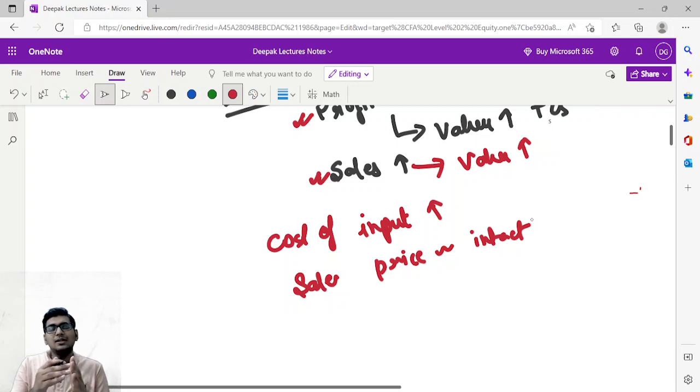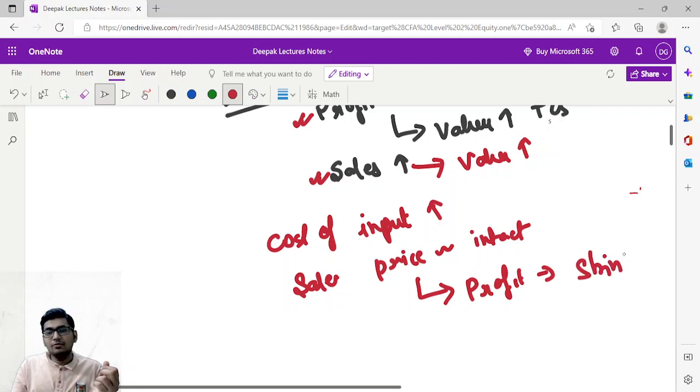So they have to keep the ticket pricing intact, but their cost of input rises, because of which what will happen? Their profit shrinks, and if the profit shrinks in the coming year, their value will decrease.